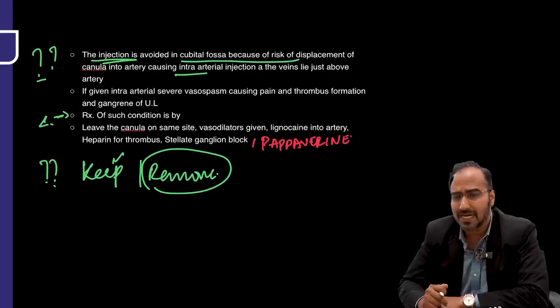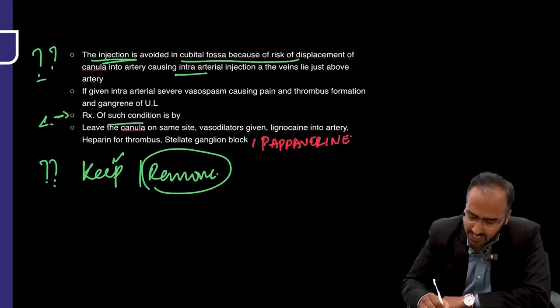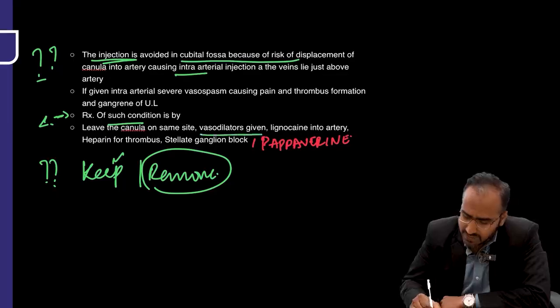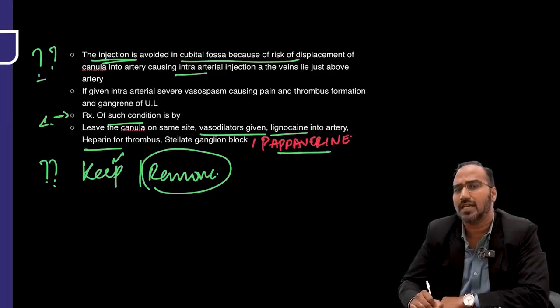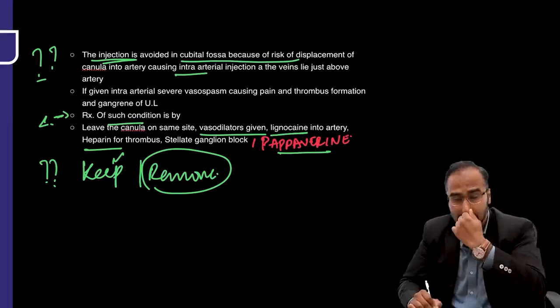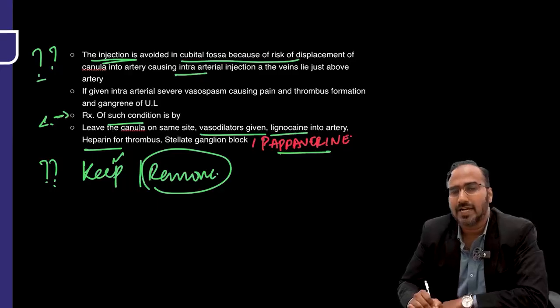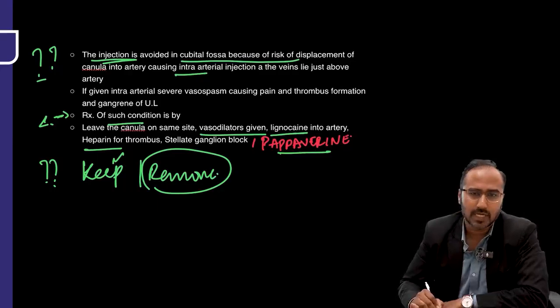Antithrombotic solution called heparin, right? So keep the cannula on the same side, give vasodilators, give papaverine, give heparin, right? Give lignocaine. Why are you giving lignocaine? It's a very painful condition. To relieve the pain, you are giving lignocaine.